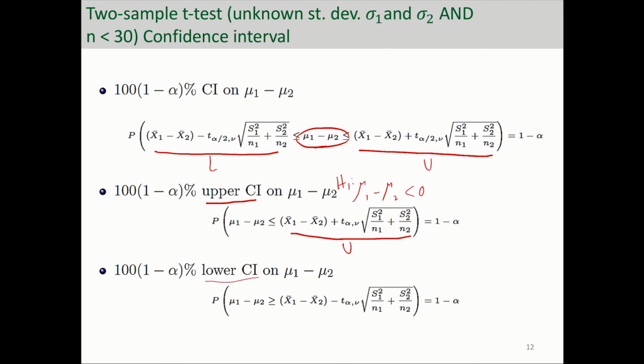And the lower confidence limit, which is here, is used when you have a hypothesis test of mu1 minus mu2 greater than 0. So you calculate the confidence intervals that way. What we're going to do in the next video is look at one example to make these more clear.